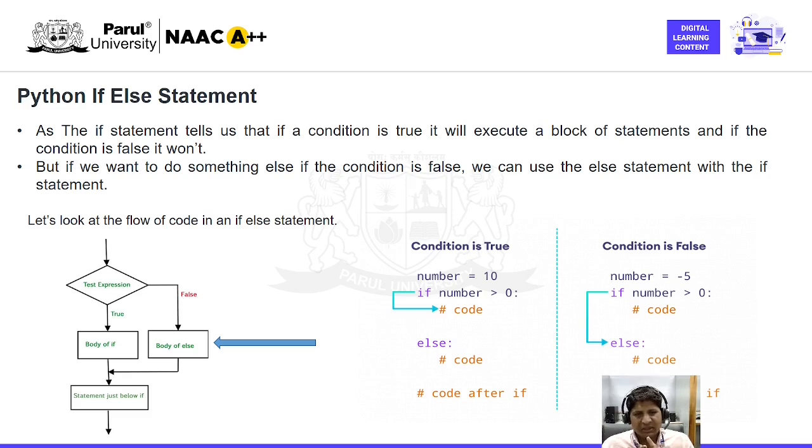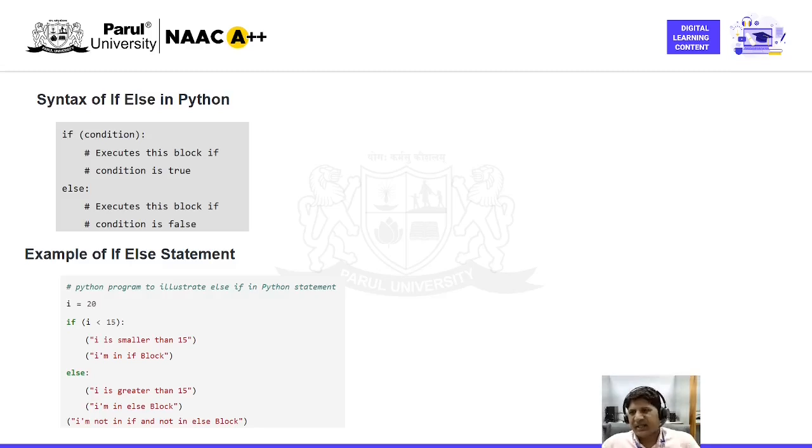If the condition is true, then the if block is executed. If the condition is false, then the else block. That's why it is also known as a selection statement, because we select either the if block or the else block. Syntax: we write if condition. If the condition generates true, then this if block will be executed.